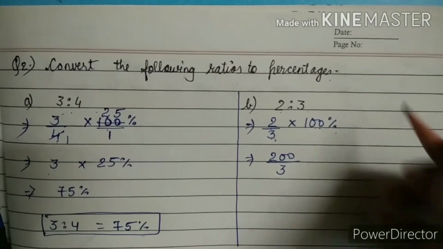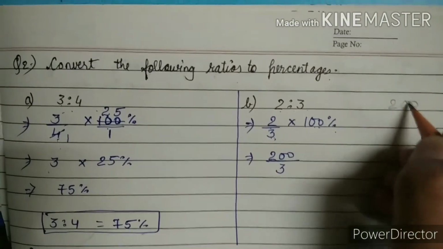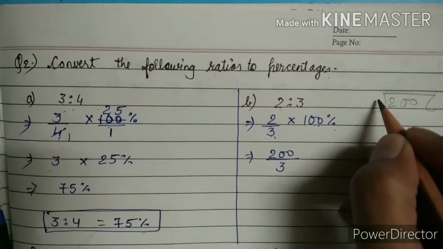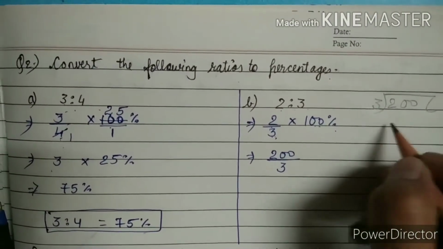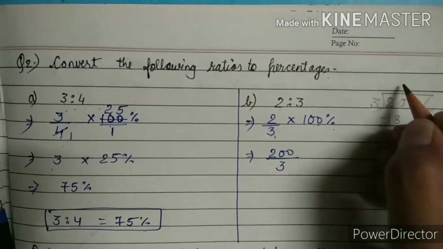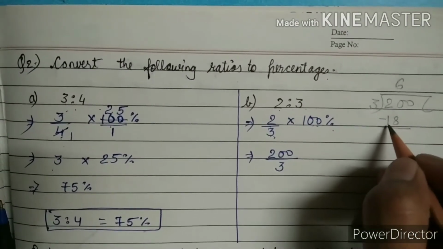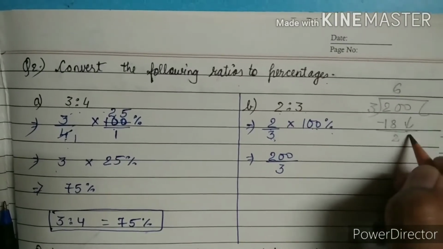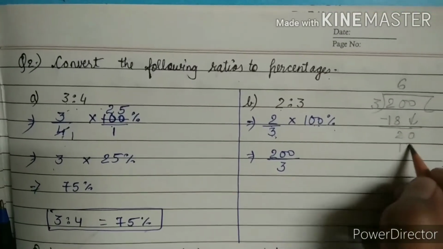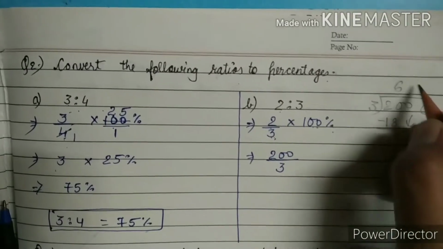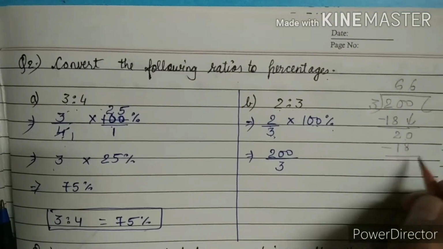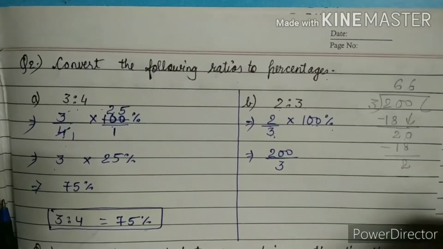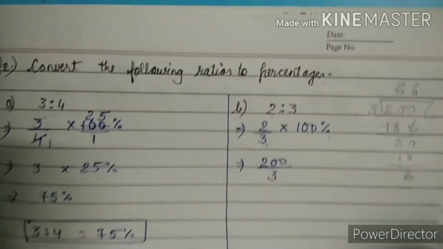Now in the rough section, you will just divide 200 by 3. So 3 6s are 18. 20 minus 18 is 2. 0 will come downside. 3 6s are 18 once again, and 20 minus 18 is 2. So we will write this in the mixed fraction.